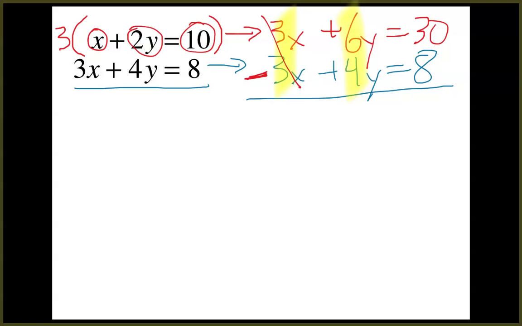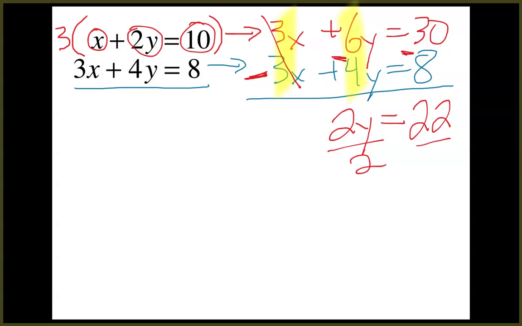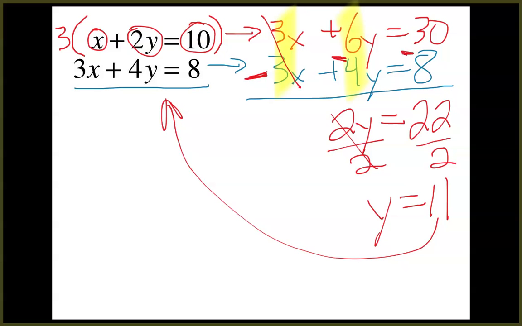So 6y minus 4y is 2y, and 30 minus 8 is 22. And now I just have to divide by 2, boom, boom, boom, boom. And I'm halfway done with this system of equations. I think you know from now how you could use this to plug in back up here to find x.